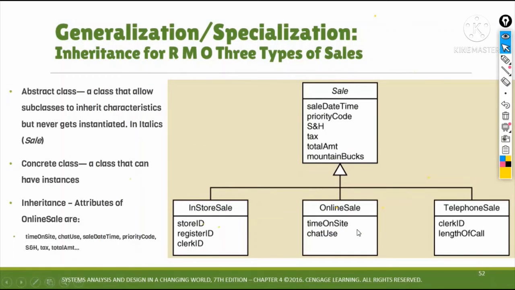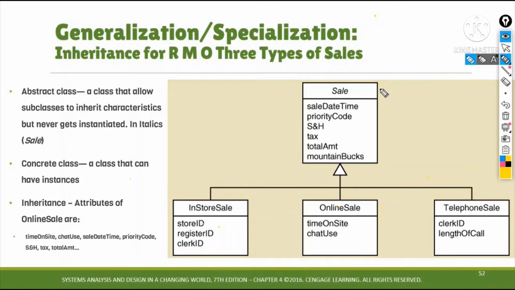So in this example, in this figure here, it represents a partial domain model for a retail business such as the RMO, our fictional company, which is our example from the very start. The attributes are included for each class in the hierarchy.